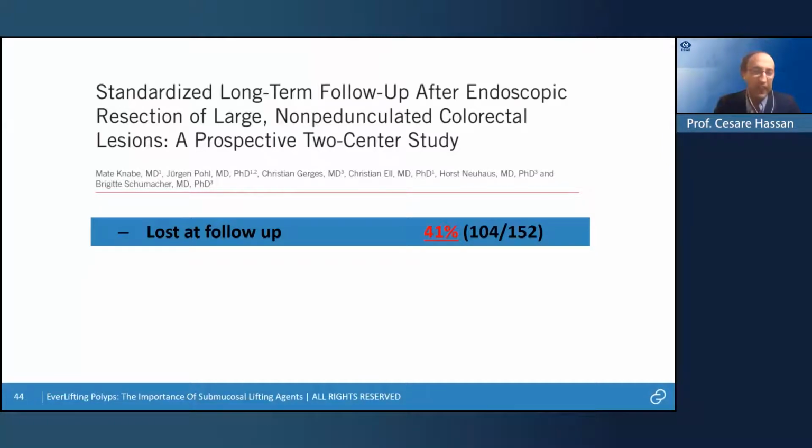This is a very famous German experience showing that 40% of patients were lost at follow-up. Of course, they probably go to other centers to do the surveillance, but anyway, there is some disruption in the standardized process to identify and treat recurrence.